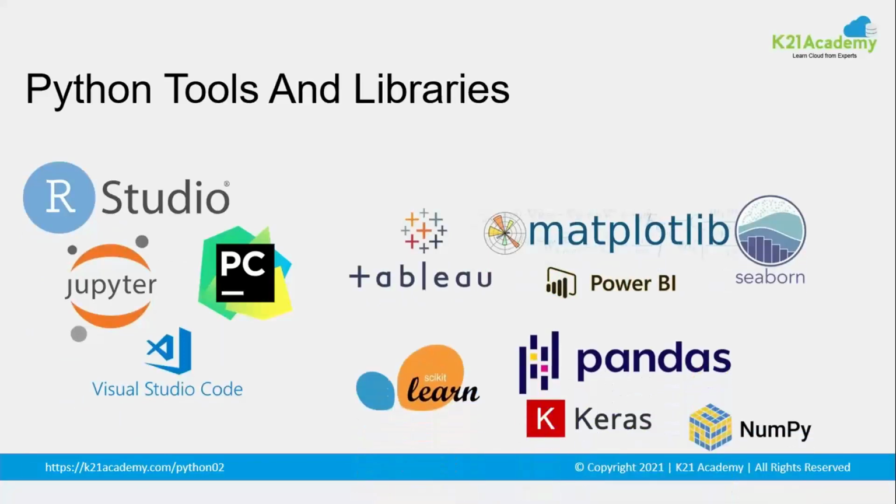Some of the visualization tools that we have are Tableau, Matplotlib, Power BI, and Seaborn. Matplotlib and Seaborn are the dedicated ones which use Python. And some of the libraries that you will be using on a regular basis are NumPy, sklearn, Pandas, and Keras. These are just a few of the libraries I mentioned here. As you go deeper and deeper, you'll find yourself with an ocean of libraries and APIs that you can download.